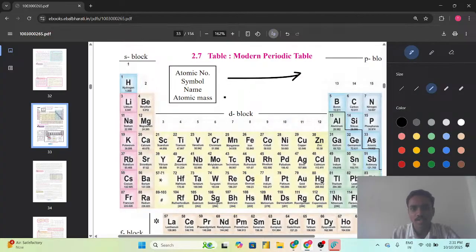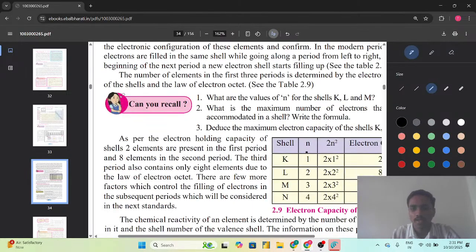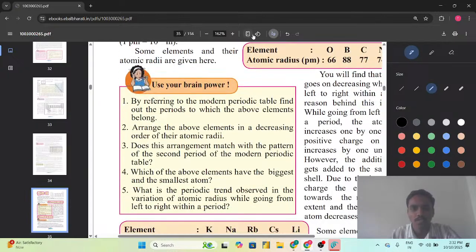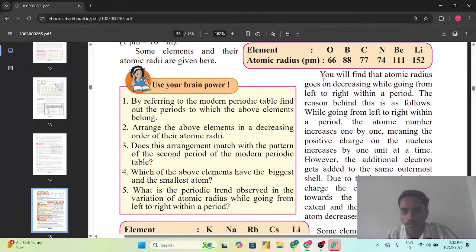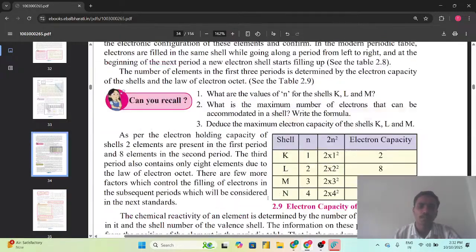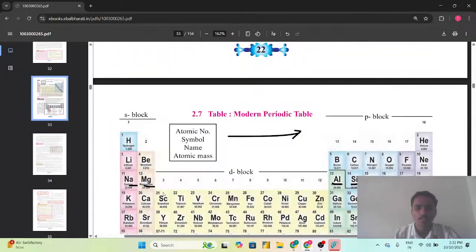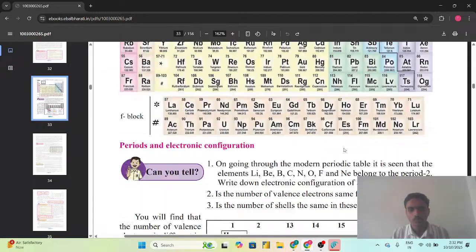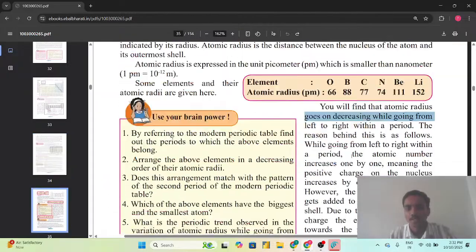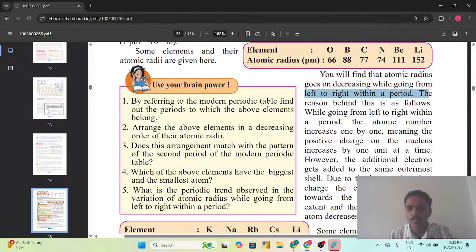When we are moving in this direction, for example sodium, magnesium, aluminum, silicon, phosphorus and so on, you will find that the atomic radius goes on decreasing. So atomic radius decreases when moving from left to right within a period.